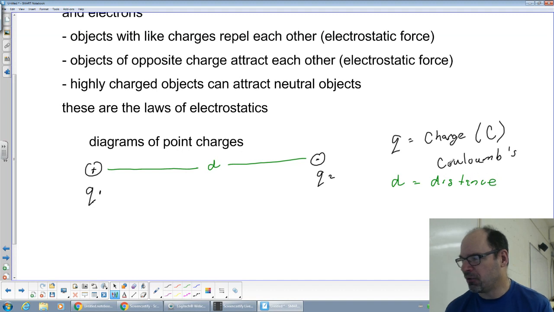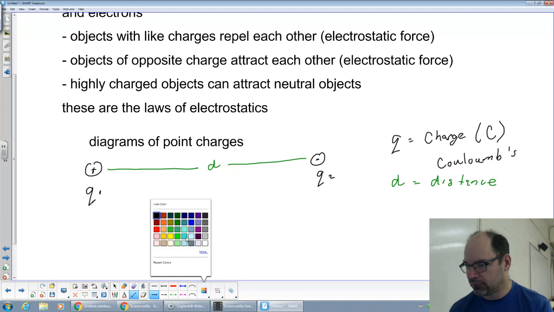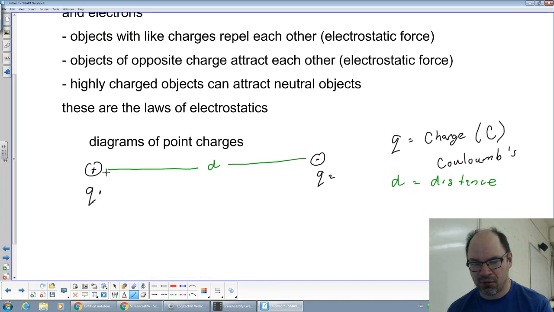Okay, and when we get into Coulomb's law, the size of each charge plus the distance away from each other will affect the force on it. So now it says that opposites attract. So what we're going to see here is that this one is going to have a force.